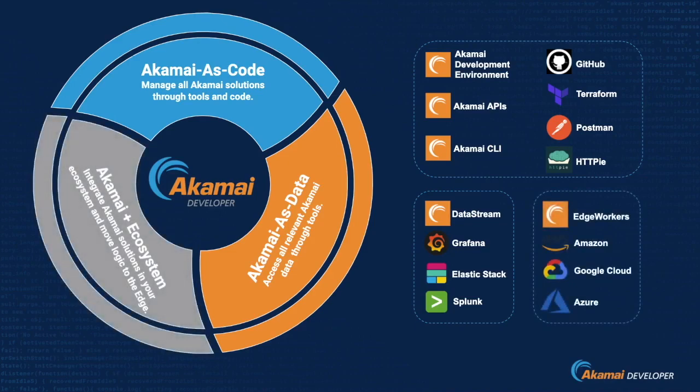Which brings us to the third piece, the Akamai Plus ecosystem. It is the ability to integrate Akamai solutions into other tools and technologies that a company implements in their DevOps workflow or digital ecosystem. This can of course be tied into either Akamai as code or Akamai as data.